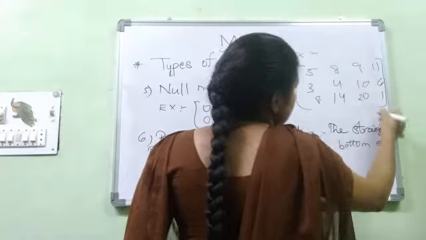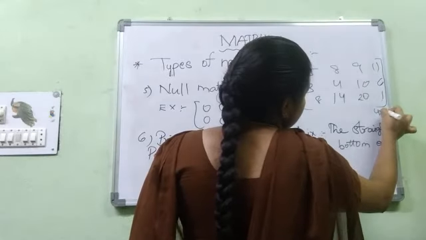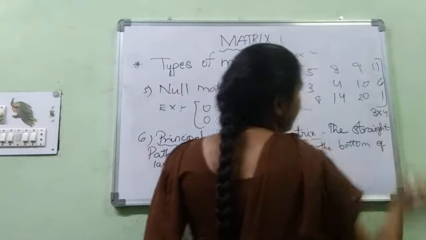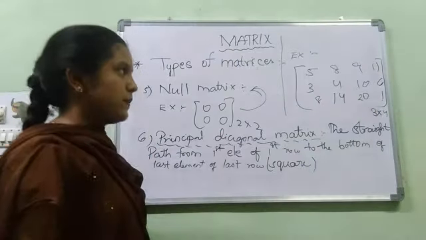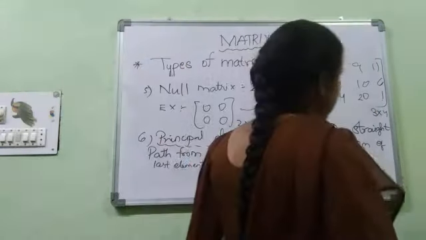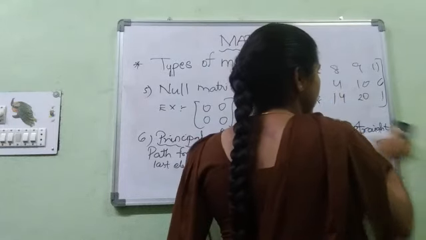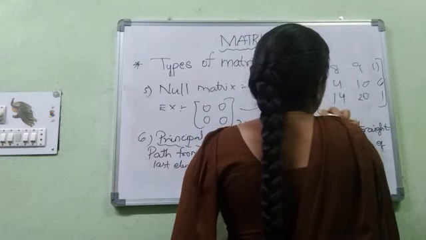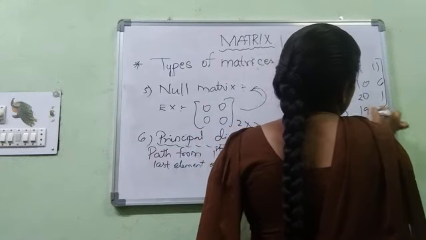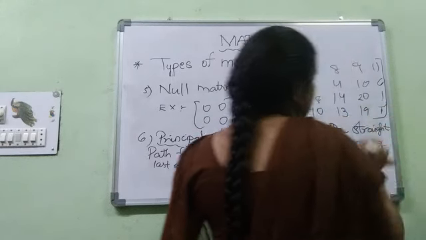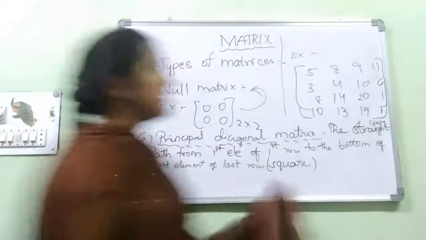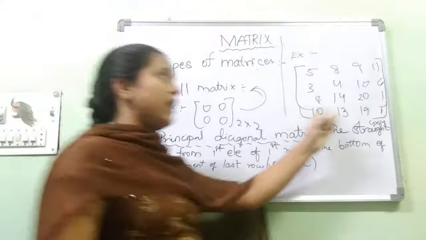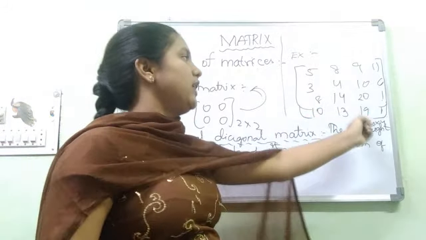So this is a 3 into 4, right? 3 into 4 matrix. So it is not a square matrix. Ten, 13, 19, 1. So this is a 4 into 4 matrix, right?